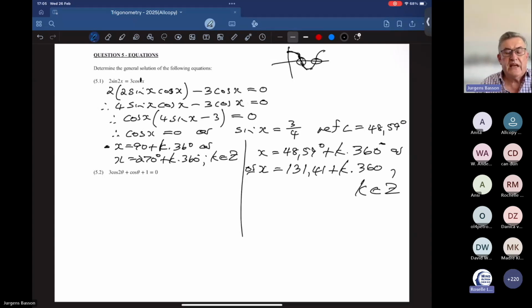Yeah, there's just a quick question. Will x equal 90 plus 180k be accepted as the only solution for the first part?